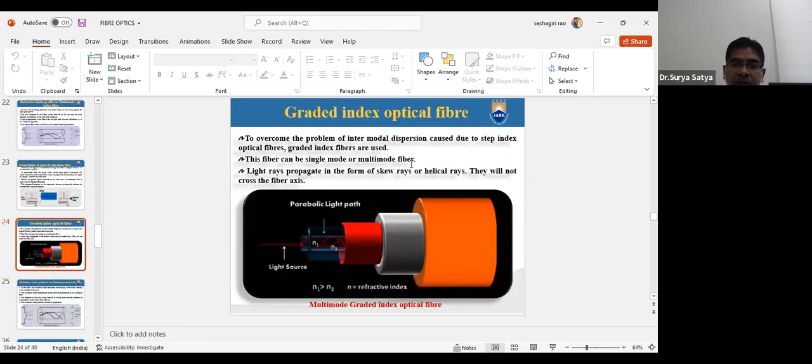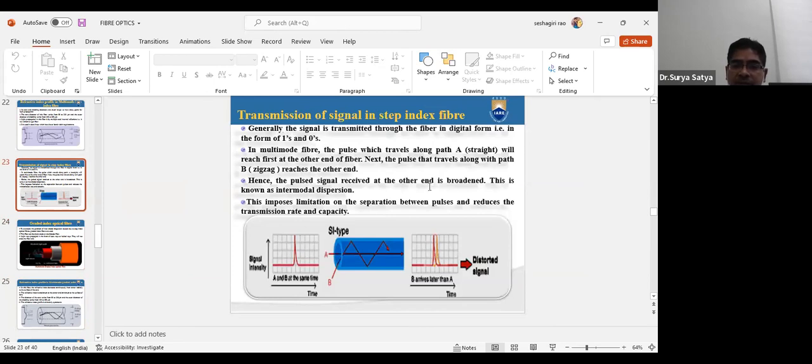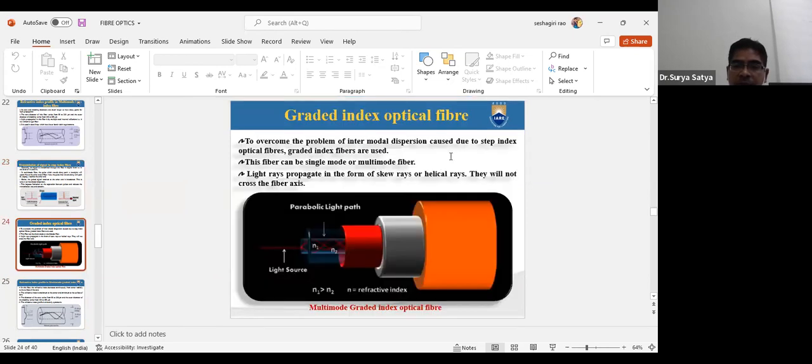So in the case of graded index optical fiber, we overcome the problem of intermodal dispersion. There was a problem in the step index fiber, which is intermodal dispersion. To overcome the intermodal dispersion caused by step index optical fibers, graded index fibers are used.